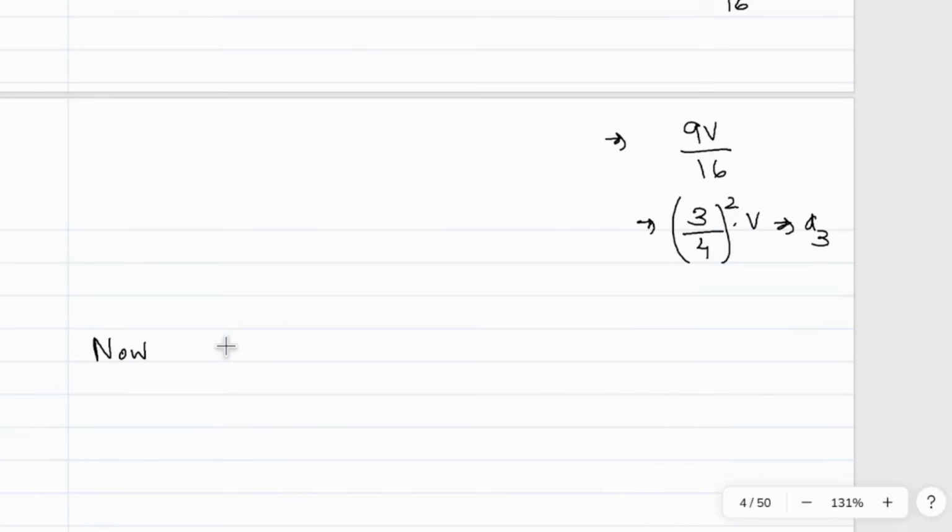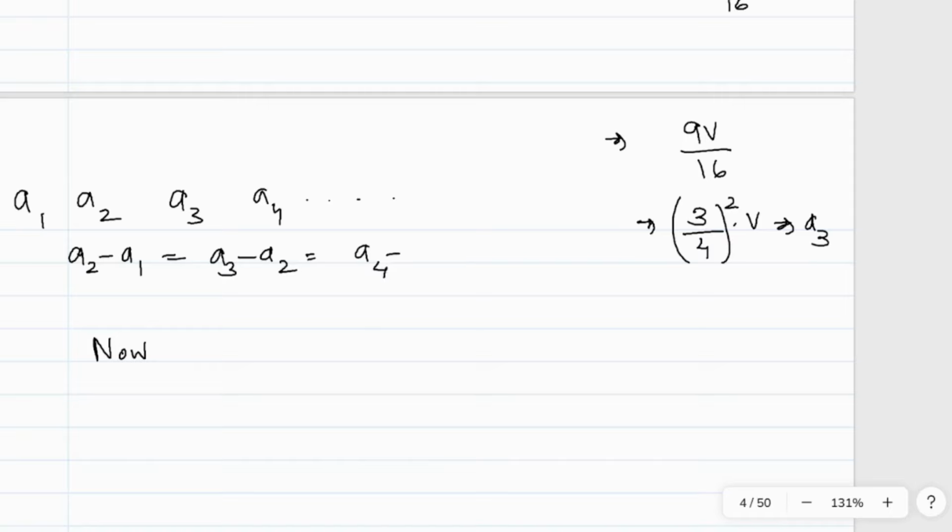Now let me check whether this belongs to an AP. In order to check that, if A1, A2, A3, A4 follow an AP, then A2 minus A1 equals A3 minus A2 equals A4 minus A3, and it goes on like that.